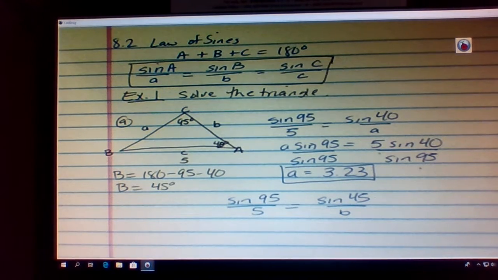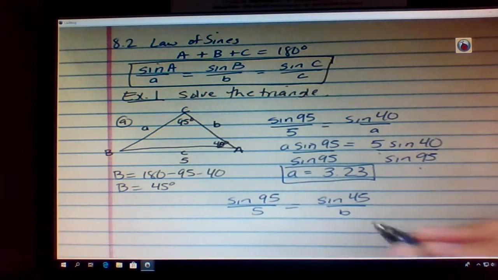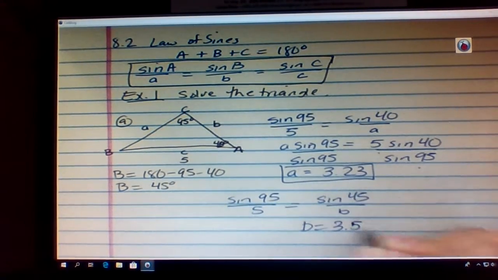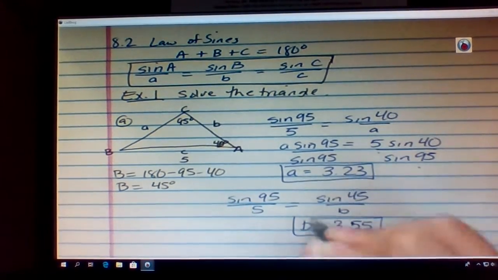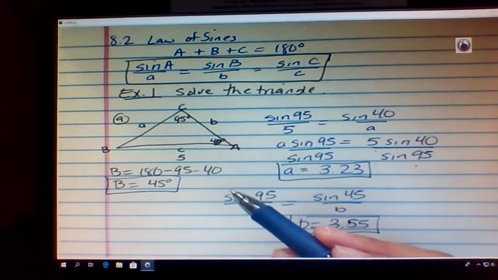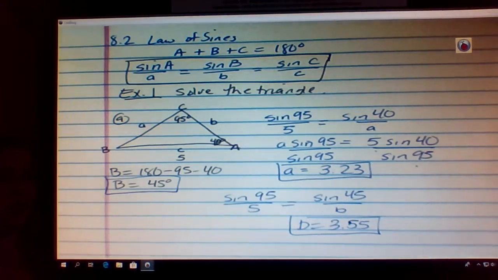Alrighty, so what is your b going to be? 3.55. So at the very end, you should get 3.55. So you got big B, little a, and little b, and those are the three things that were missing.